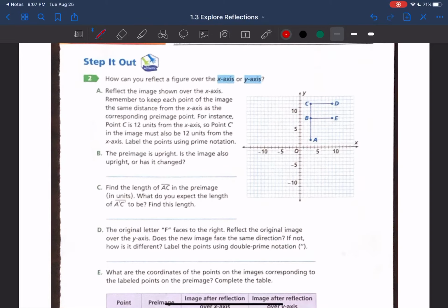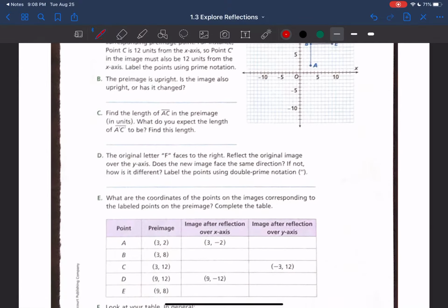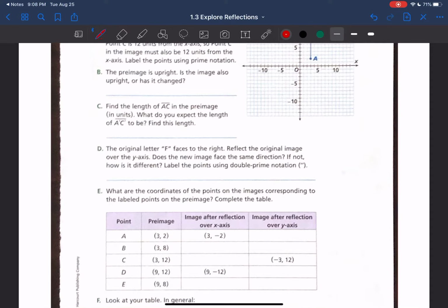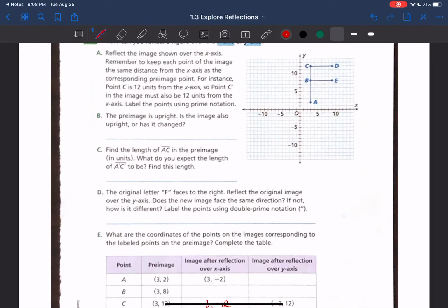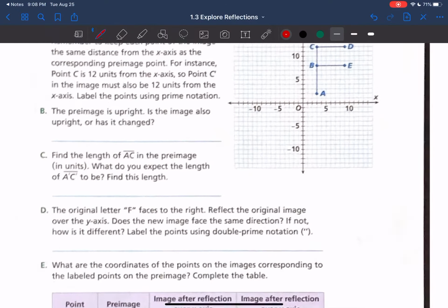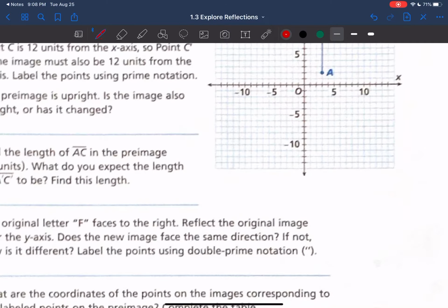So this coordinate right here for C is (3, 12). In order to reflect it over the x-axis, we're going to keep the x the same and change our y to a -12. So we'll go ahead and plot that point at (3, -12) for C, which is right here. And that will be C prime.